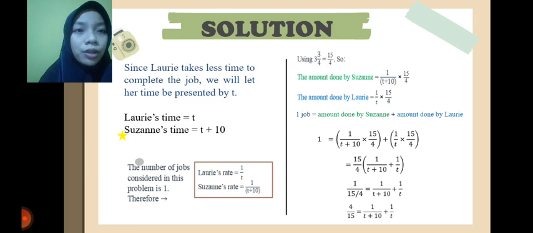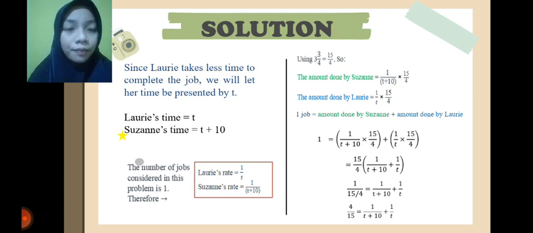We use 3 and 3/4 equals 15/4. So the amount done by Susan is 1/(t + 10) times 15/4. And the amount done by Larry is 1/t times 15/4. One job equals the amount done by Susan plus the amount done by Larry.